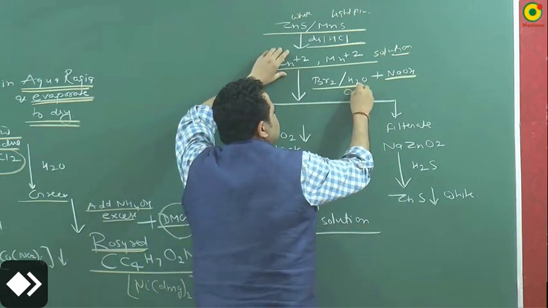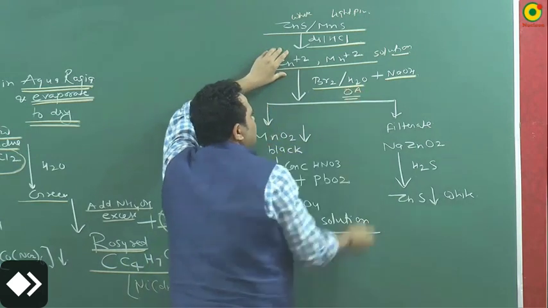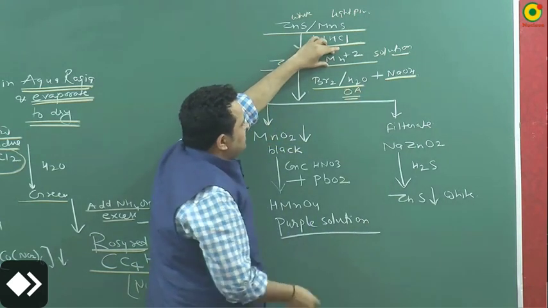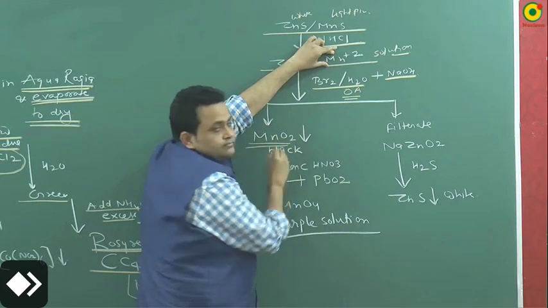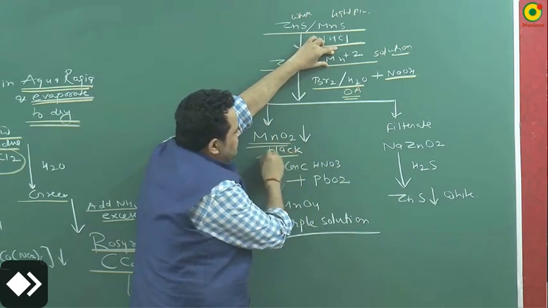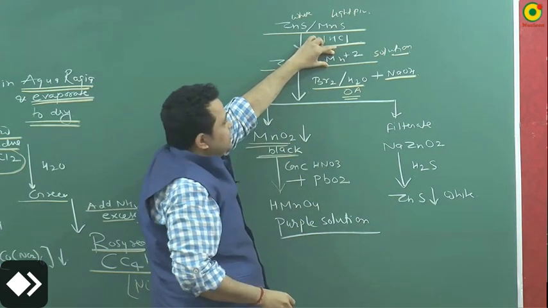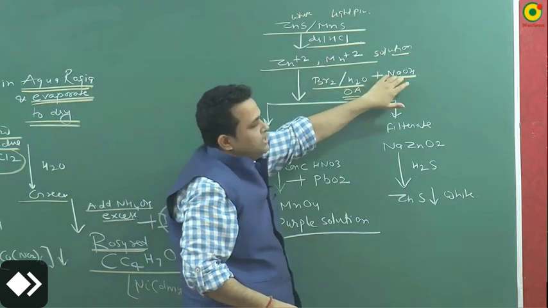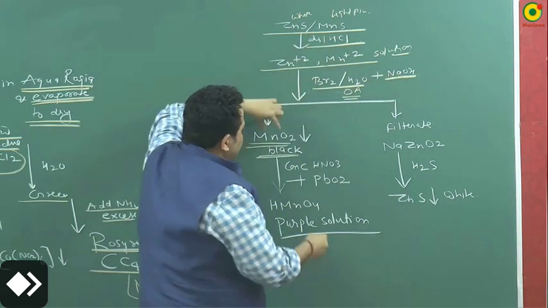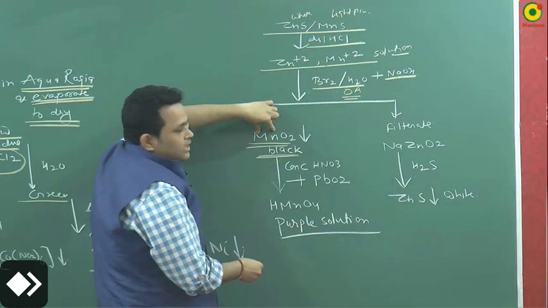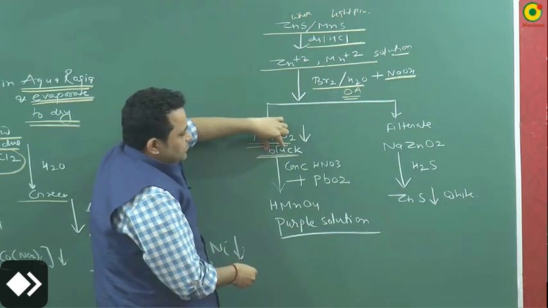This bromine water is an oxidizing agent. So it will oxidize Mn+2 into MnO2, and a black precipitate is formed. It converts into the +4 state, oxidized into MnO2, and the black precipitate is formed.